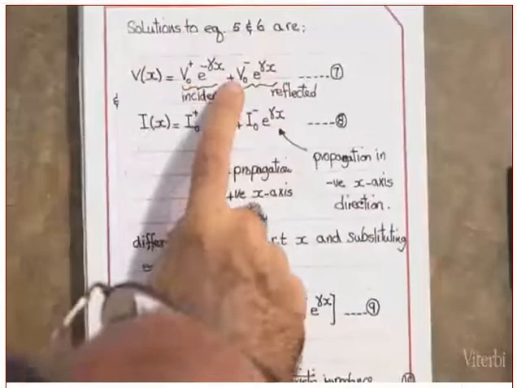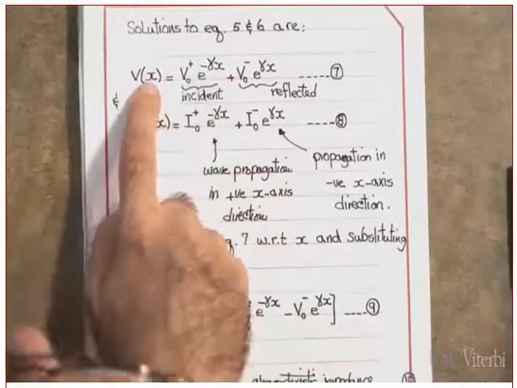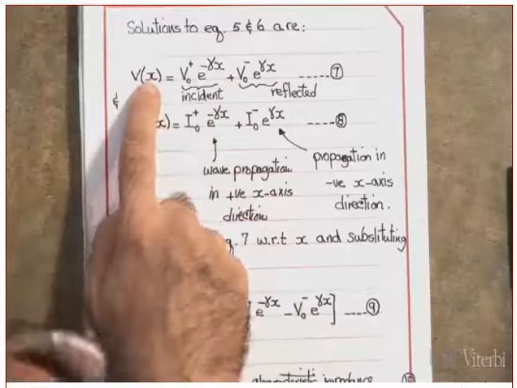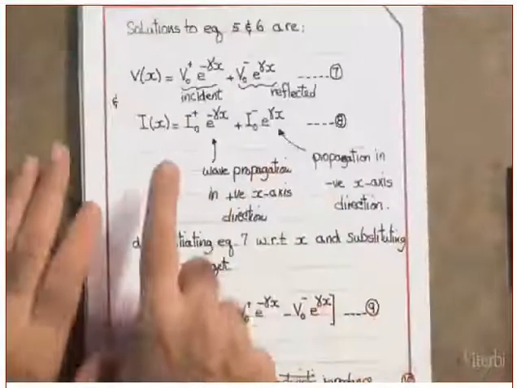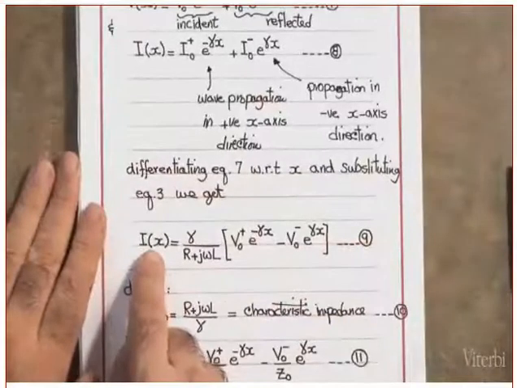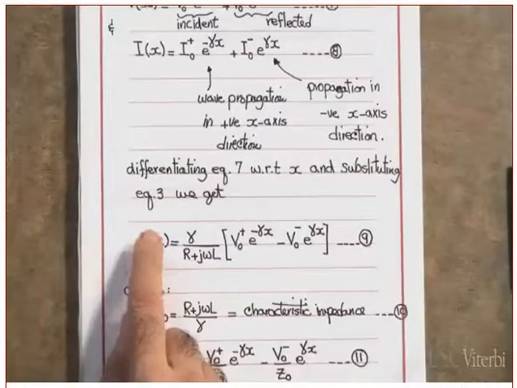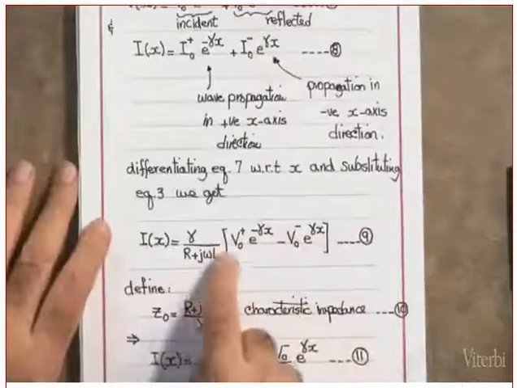If I differentiate this with respect to x, which means d/dx on this side, and I substitute in here, I get this relation. I get I of x. Where is this I of x coming from? This is this I of x. I get I of x is this.